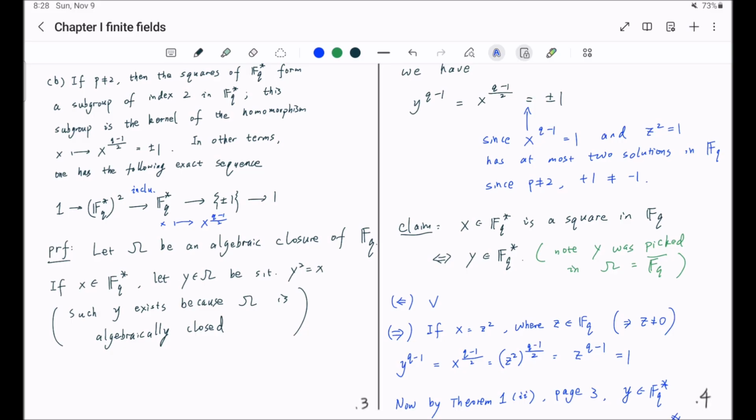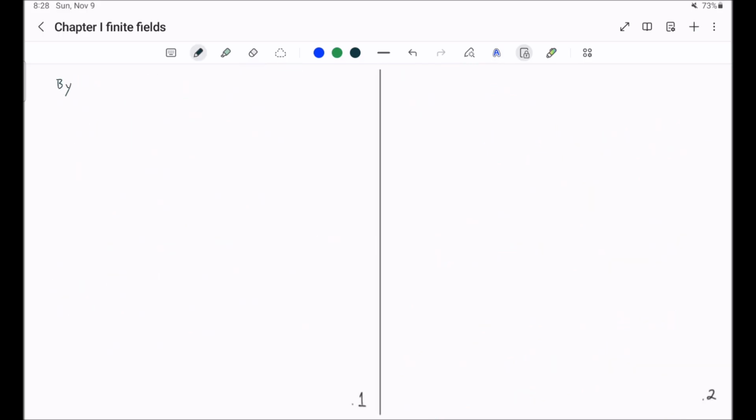So we can summarize this in the following statements. First, the Legendre symbol of x mod p is equal to 1 if and only if x is a square mod p.